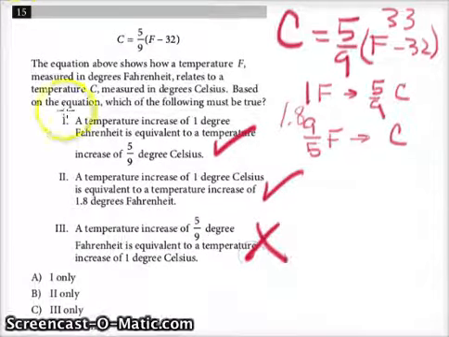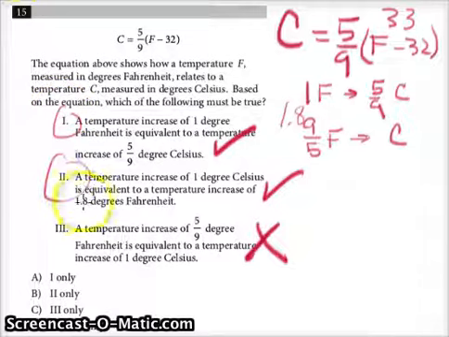Anyway, so now we're looking for 1 and 2. 1 and 2 is D right there. Correct answer.